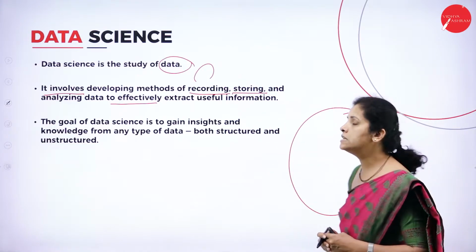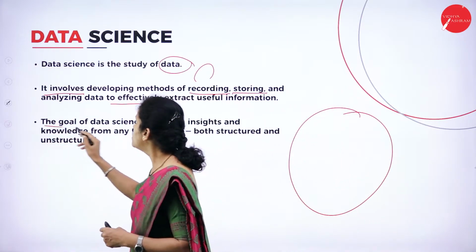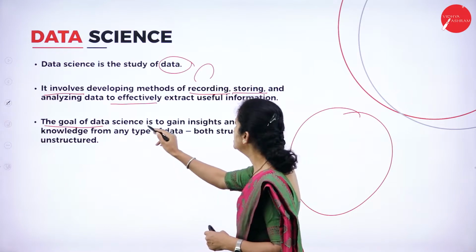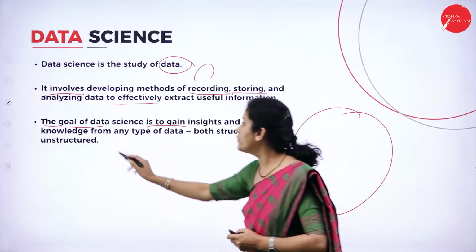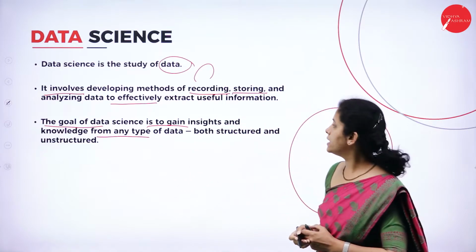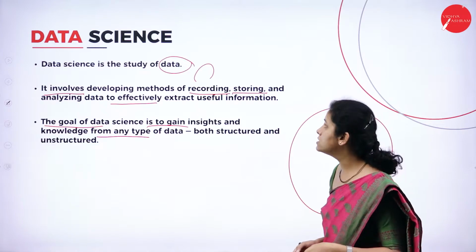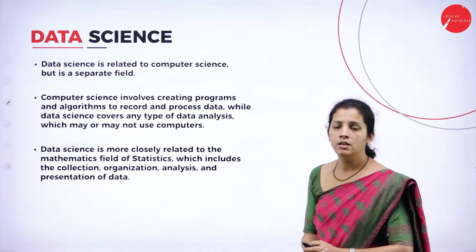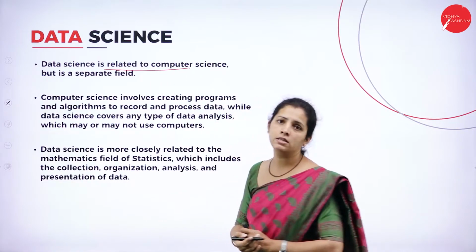For that reason, it is called the study of data. So the goal of data science is to gain insights and knowledge from any kind of data, that may be structured, unstructured, or semi-structured.